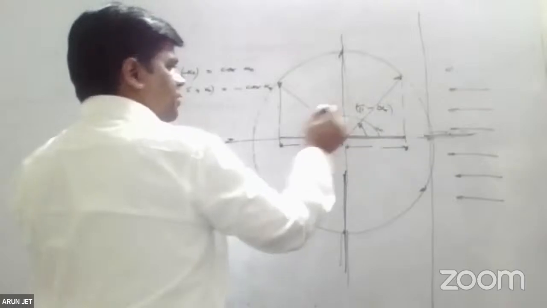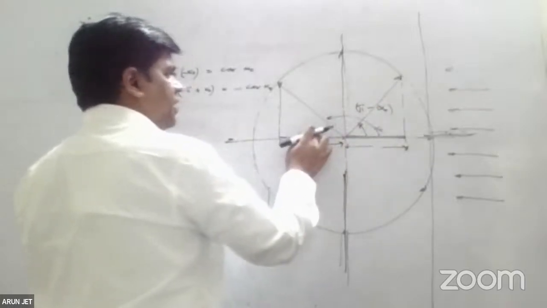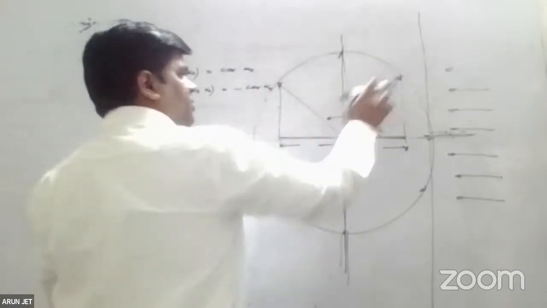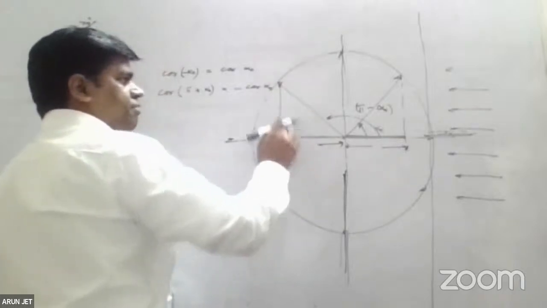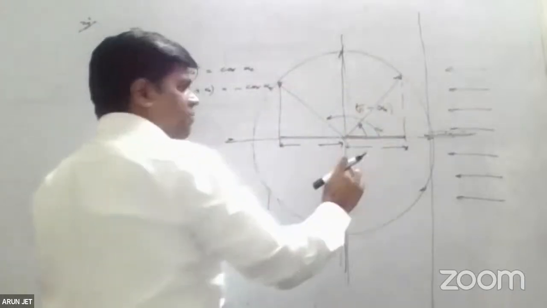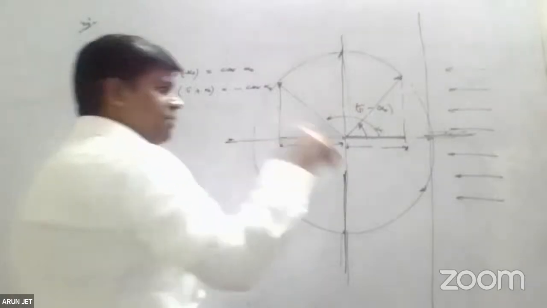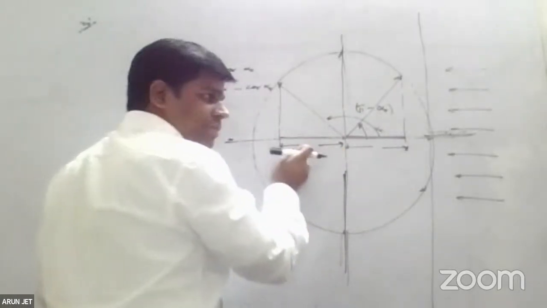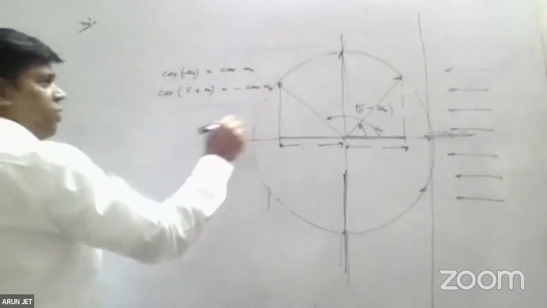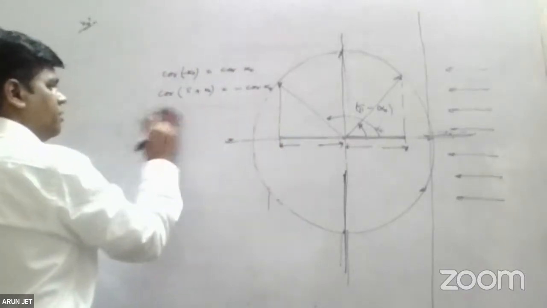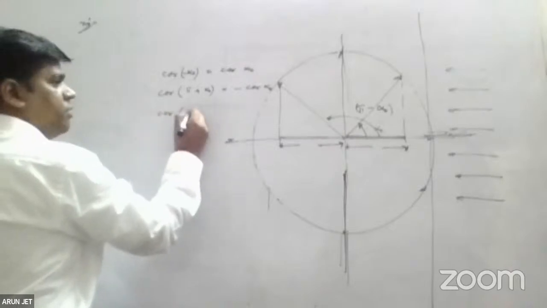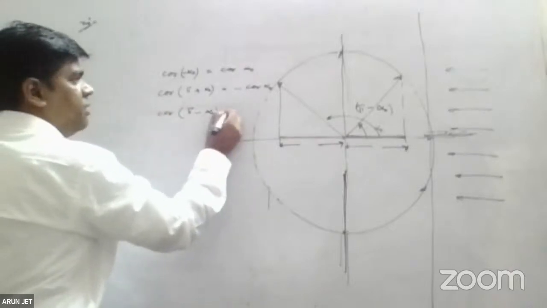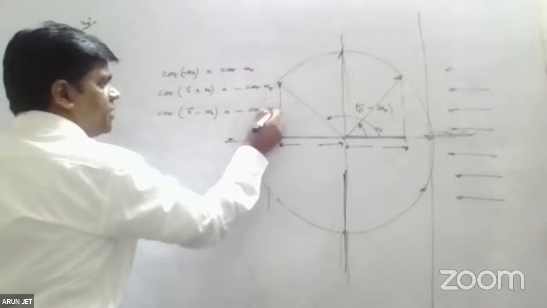If you see, these two triangles are congruent. This is alpha, this is alpha, the hypotenuse is 1 and 1, and this length is same, this length is same. So these two are congruent triangles. From that, I can say that this length is equal to this length. But this is on the negative side of the x-axis. So cos of pi minus alpha is equal to minus cos alpha.